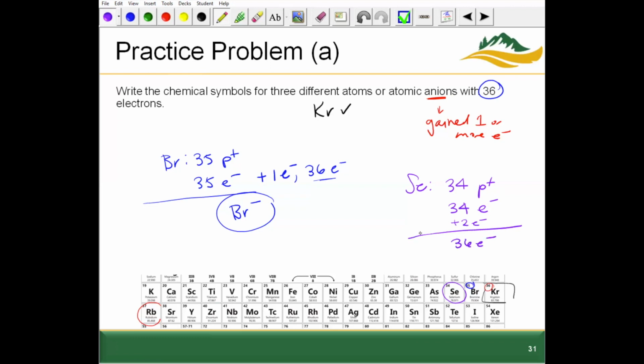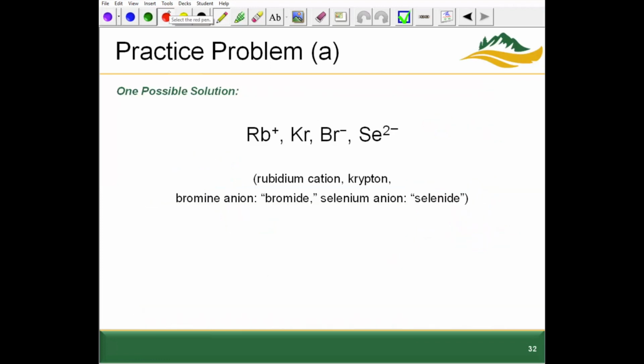That's going to make selenium have a charge of Se, so that's the element symbol, and then it's going to be overall 2 minus, right? So 36 electrons, but only 34 protons, leaves it with a 2 minus charge. So we've talked about krypton, bromide, and selenide, just to get used to hearing these anions with that IDE ending.